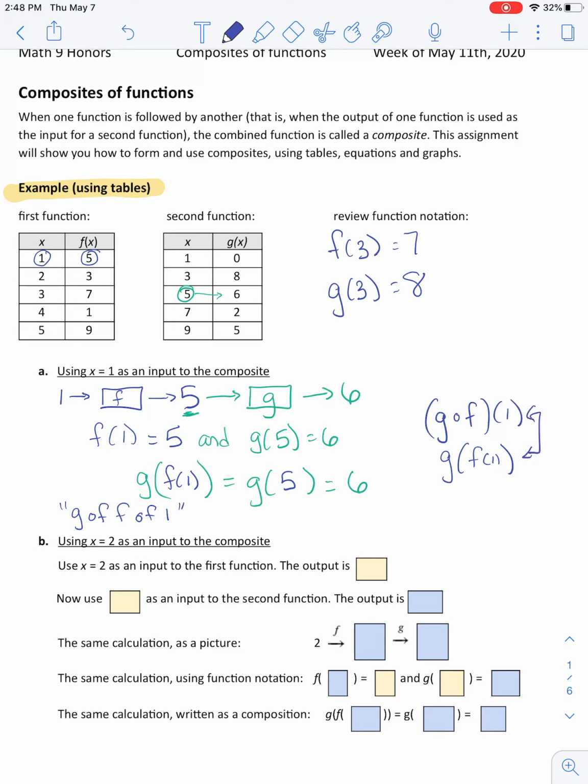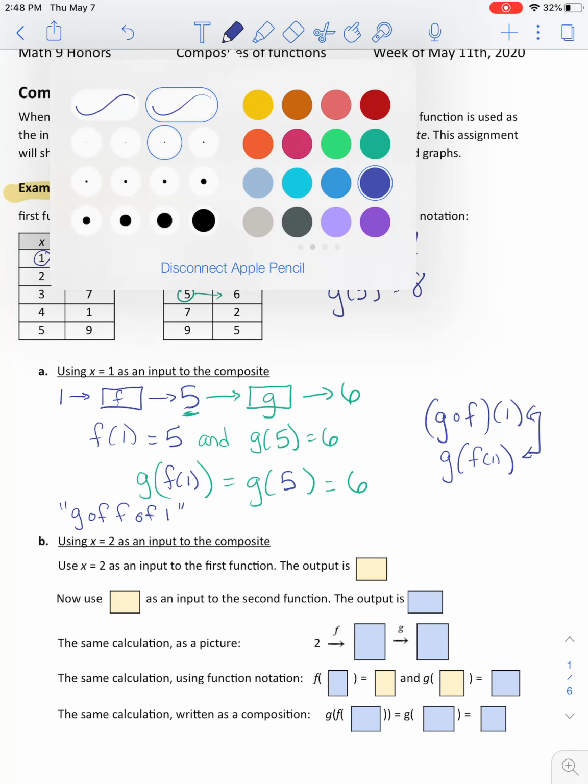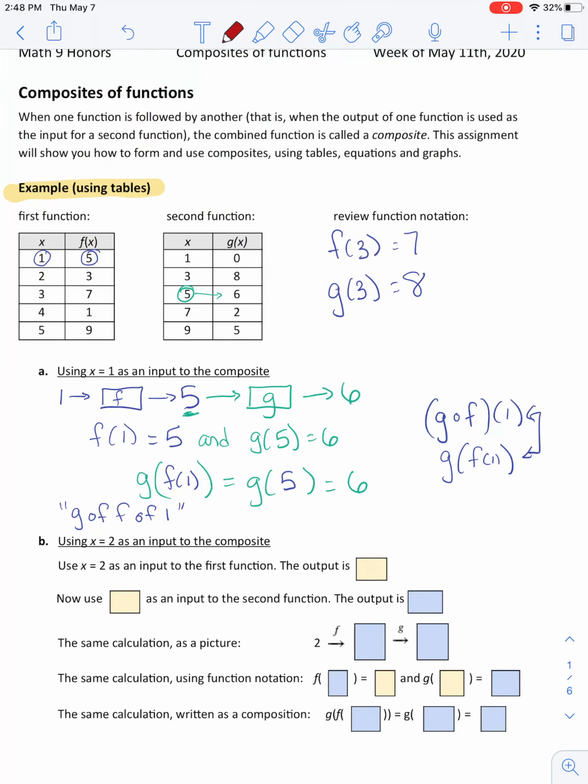Okay, we're going to look at this for a different input. So what if x equals 2 is our first input? Okay, well, we're going to put 2 into the first function. I'm going to erase my marks on the table here. Okay, so if we put in 2 into the first function, that's here, the output is going to be 3.